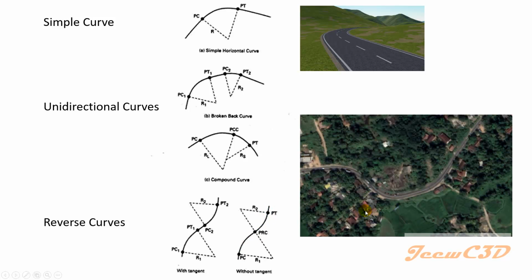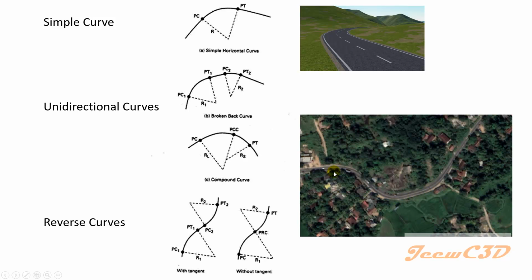If I look at this image, you can see here I have a curve going in this direction, and I have another curve in the same direction with a small straight section in the middle. So we call this a broken back curve. If you don't have this straight section, only these two curves, you call it a compound curve.